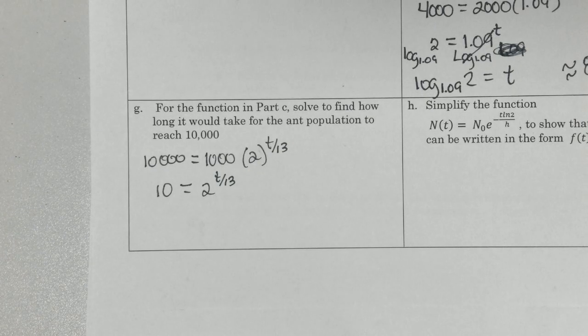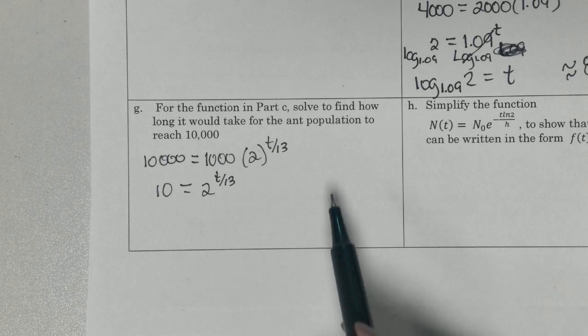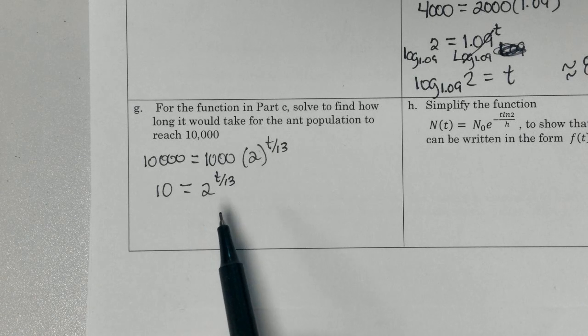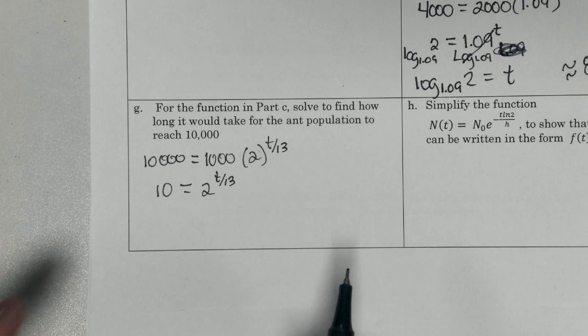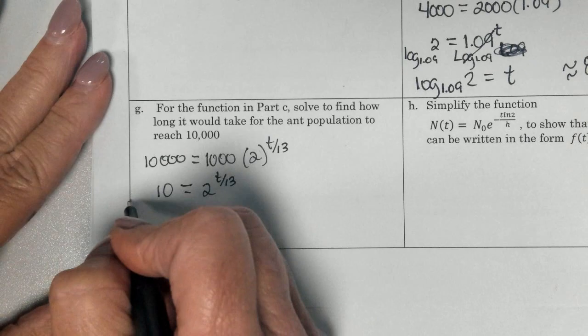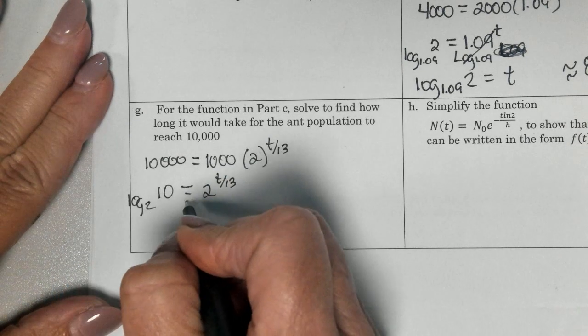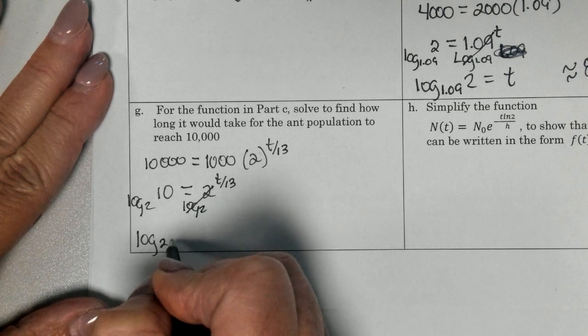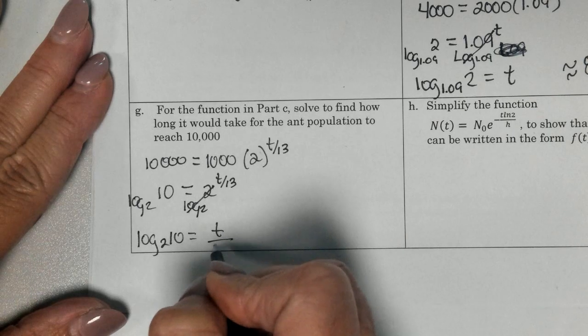Now, we're solving for T, right? How do we get T out of that exponent? Okay, we got to get rid of the base first. Log base 2. If we log base 2 on both sides, we get t over 13.